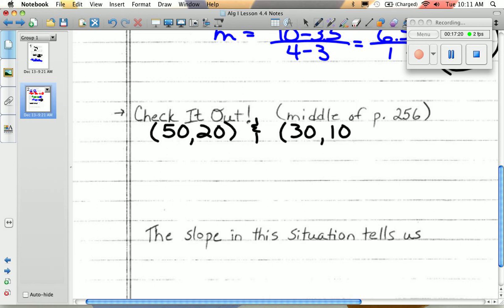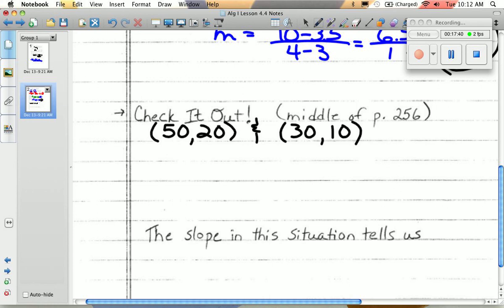Okay, tell me something. It's really important that we take time to look at this graph also and say, what are the x's and the y's representing? What are the x's representing? Days, the time in days. What are the y's representing? The height in centimeters.